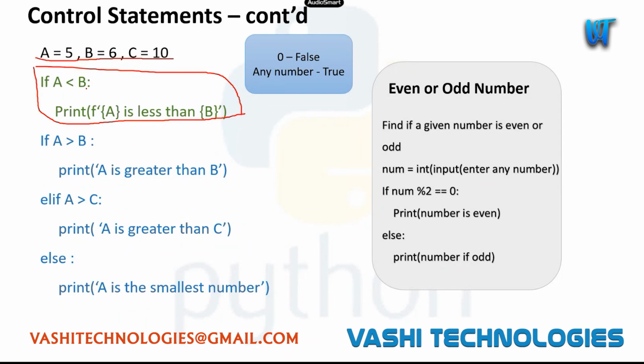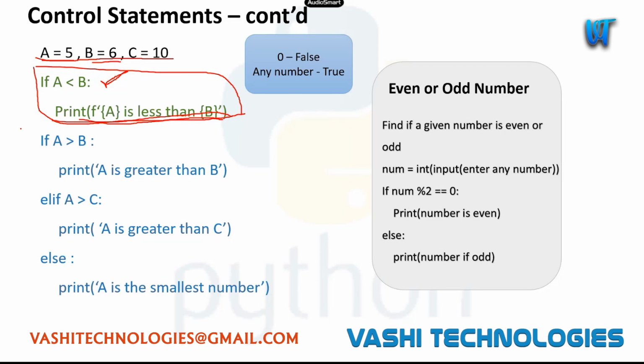If it is not less than B, it will return false. In our case, A is equal to 5 and B is equal to 6. So this condition will evaluate to true. Hence, the statement inside the if block will be executed, which will print A is less than B.